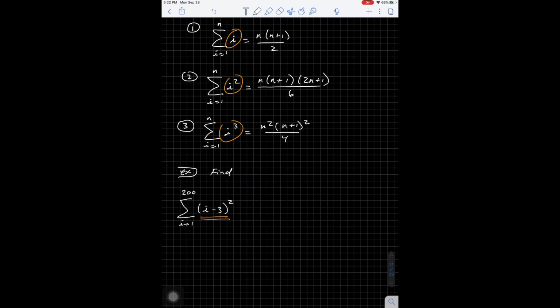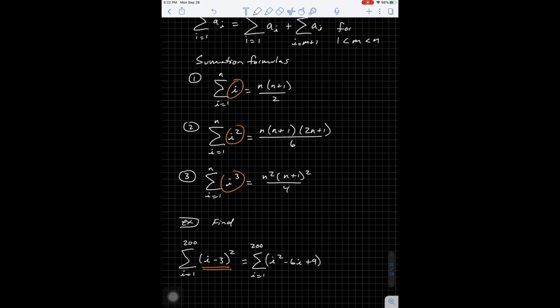So this is going to be the sum of i equals 1 to 200. I'm going to square this out, so I get i squared minus 6i plus 9. Okay, that's foiled out there.